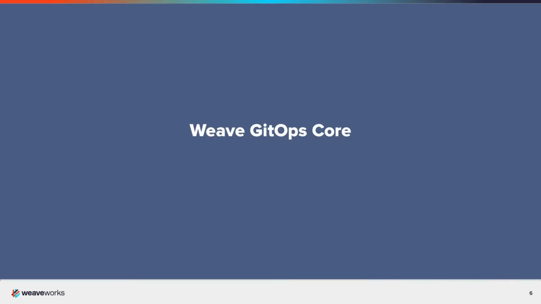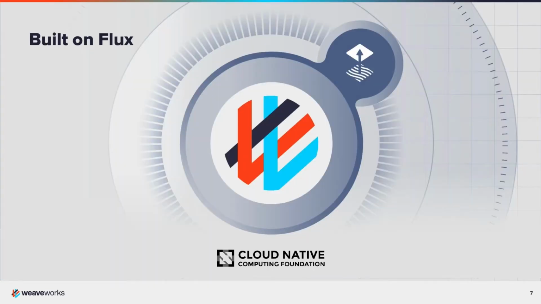Let's look at how Weave GitOps works. Weave GitOps is built on Flux, a CNCF incubating project, soon to be graduated. Think of Weave GitOps as a wrapper around Flux that makes its installation and operation easier, without losing any of the sophistication of Flux.